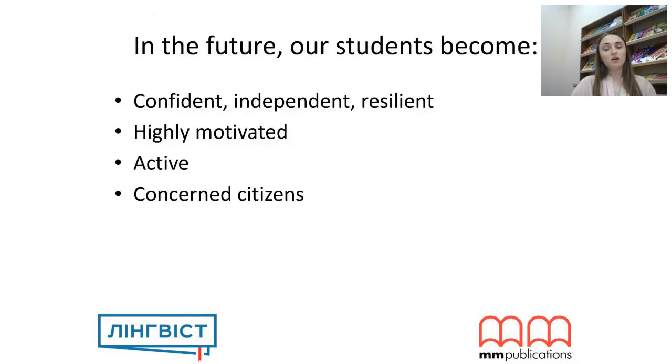And in the future, our students will become confident people who know themselves well, who can take responsible decisions and communicate effectively. They will be able to think critically and independently.